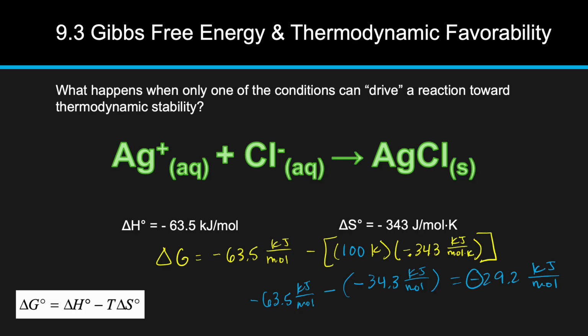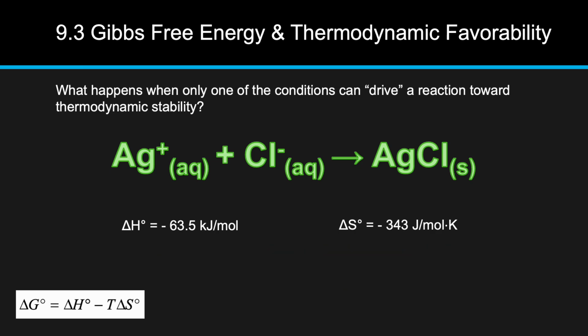And because this delta G value is negative, in this specific case, at a very low temperature, this system is going to be thermodynamically favored. So recap for this one, if delta H is negative and delta S is negative, it's only going to be favorable at low temperatures.